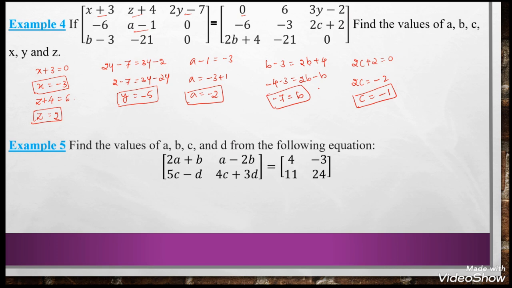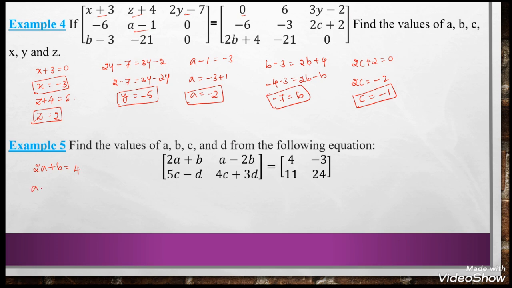Now we have to check example number 5. Find the values of a, b, c and d from the following equation. Here they have given 4 equations, that is 2a plus b is equal to the corresponding element 4.